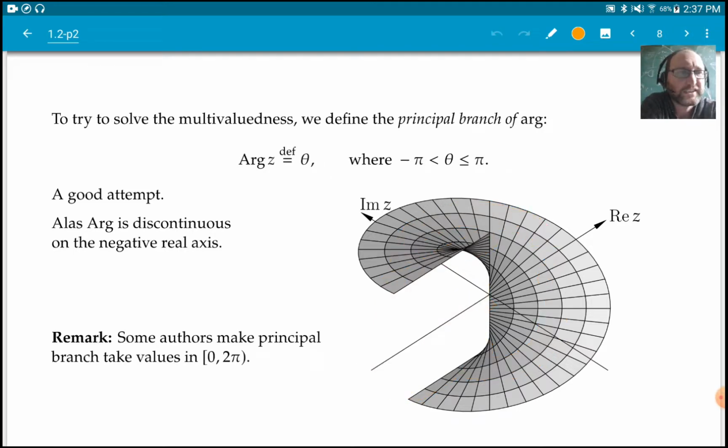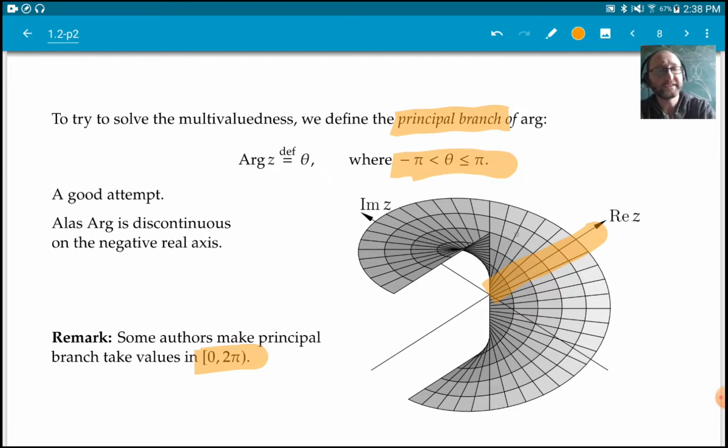Now, another issue is that not all people agree which branch of the argument is the principal one. This range is fairly common, but another very common range is 0 to 2 pi, which would give you the discontinuity on the positive real axis.